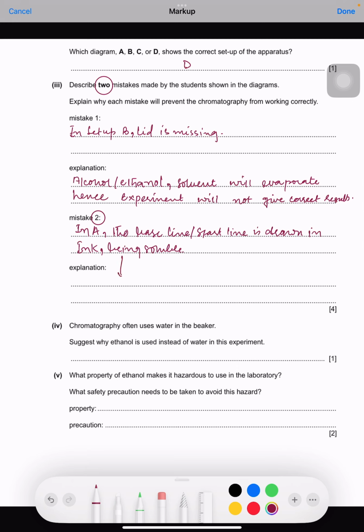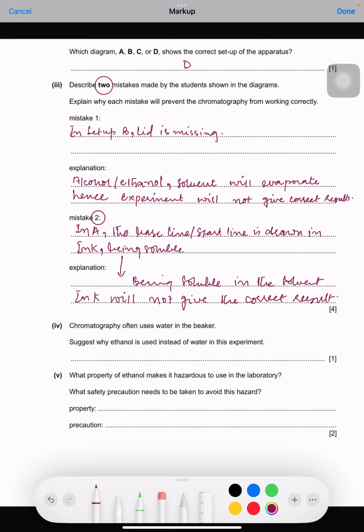This is the explanation: being soluble in the solvent, ink will not give the correct results. So this is the answer for these 2 questions.